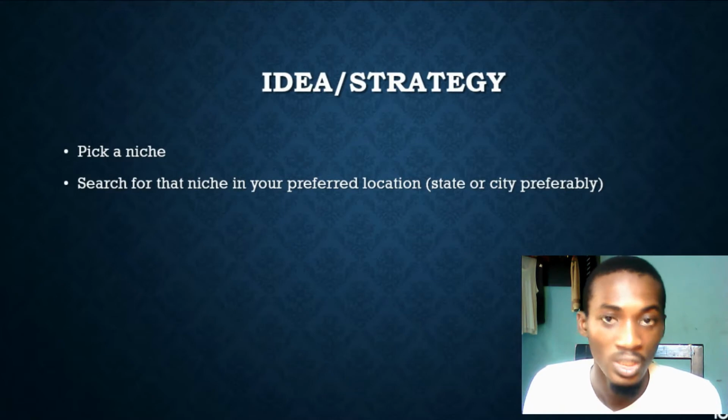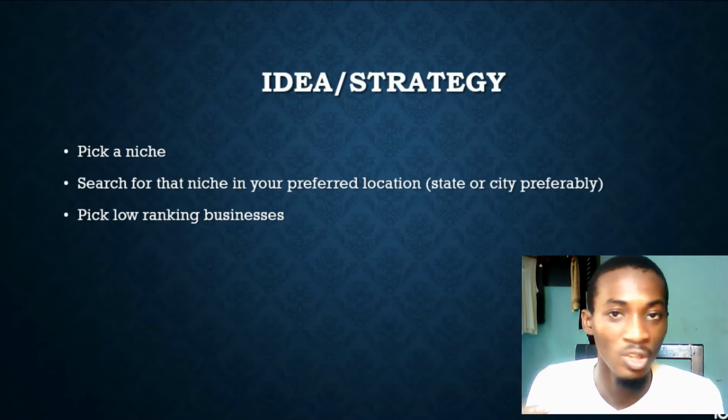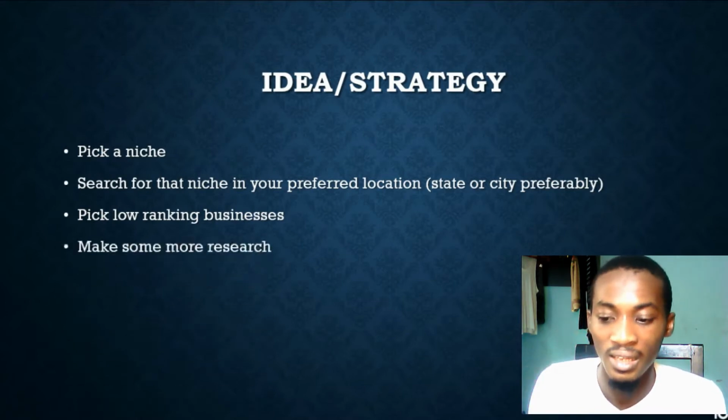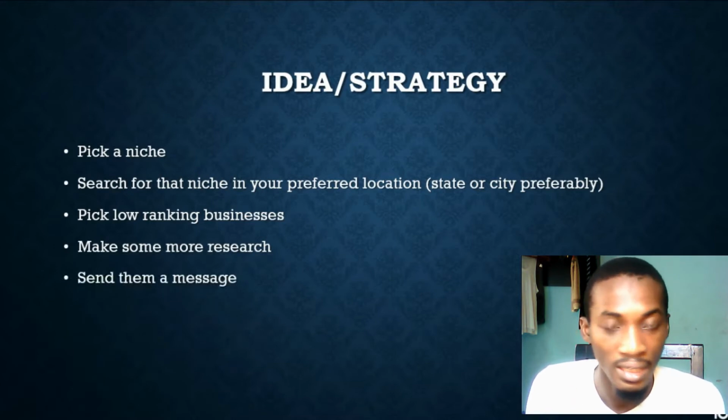Then what you have to do is to look for the businesses that are not ranking high enough. Then you do your research on them and message them that you can actually help them rank high. The next thing is to pick the low ranking businesses. Then you do some more research about them and you send them a message. That's basically what we are going to be doing.